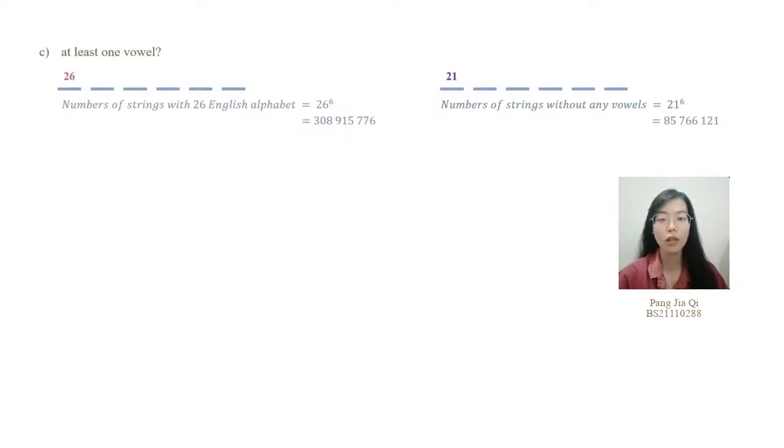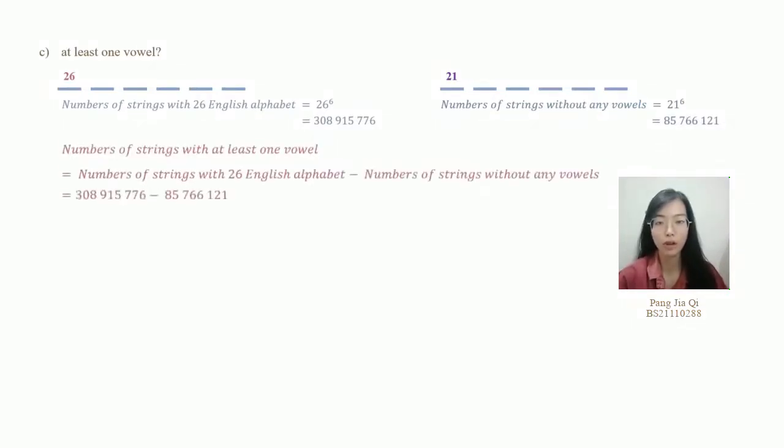The number of strings without any vowel will equal 21 to the power of 6, which is 85766121. So the number of strings with at least 1 vowel will equal the number of strings with 26 letters minus the number of strings without any vowels, which is 308915776 minus 85766121. The answer will be 223149655.